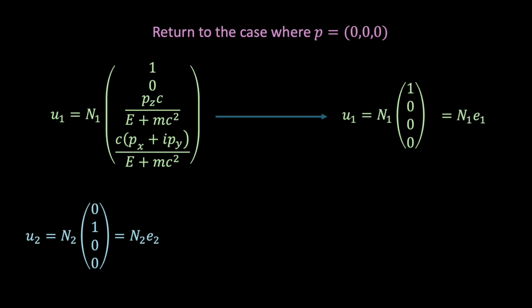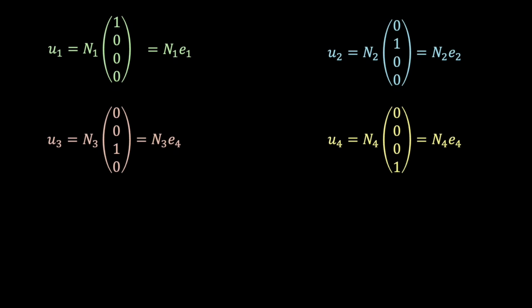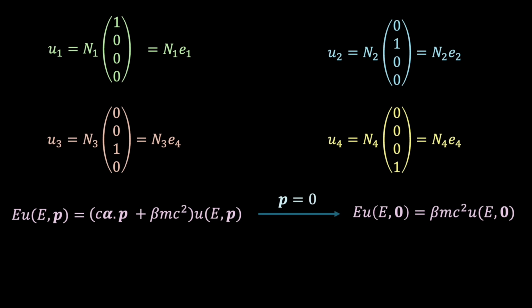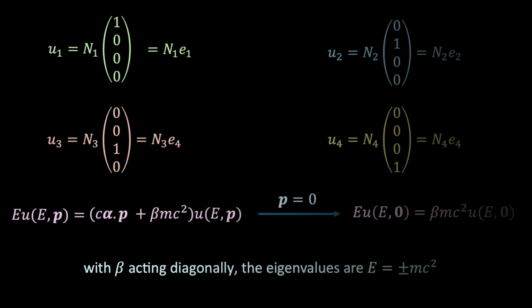Similarly, U2 reduces to E2, and so on for U3 and U4. These match exactly the rest frame spinors we derived earlier when we set p equal to 0 in the Dirac equation and found that, with beta acting diagonally, the eigenvalues are E equals plus or minus mc squared.